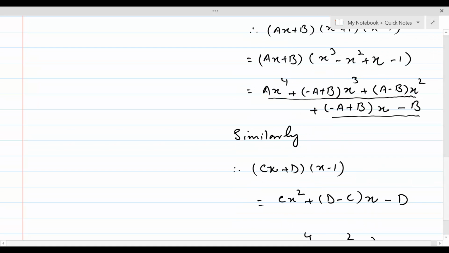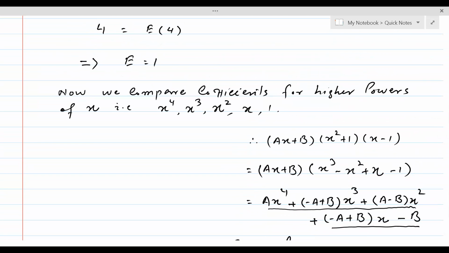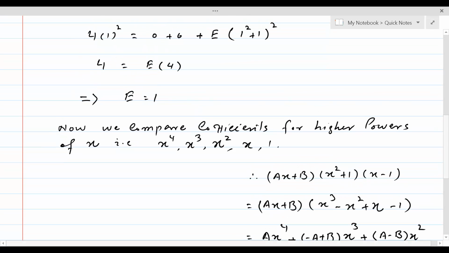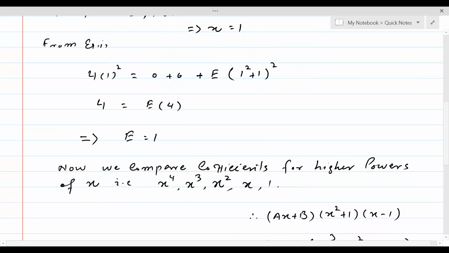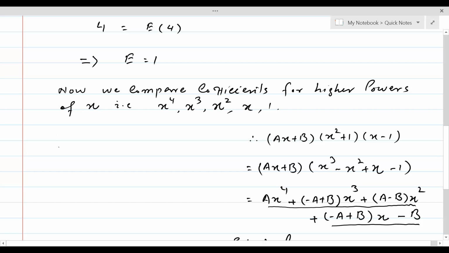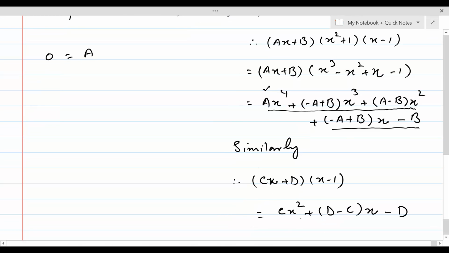Now it will be relatively easier for us to compare coefficients of x⁴, as there is no x⁴ on the left hand side. So 0 is equal to the coefficient of x⁴ in this, which is a. There is no coefficient of x⁴ in the second term.